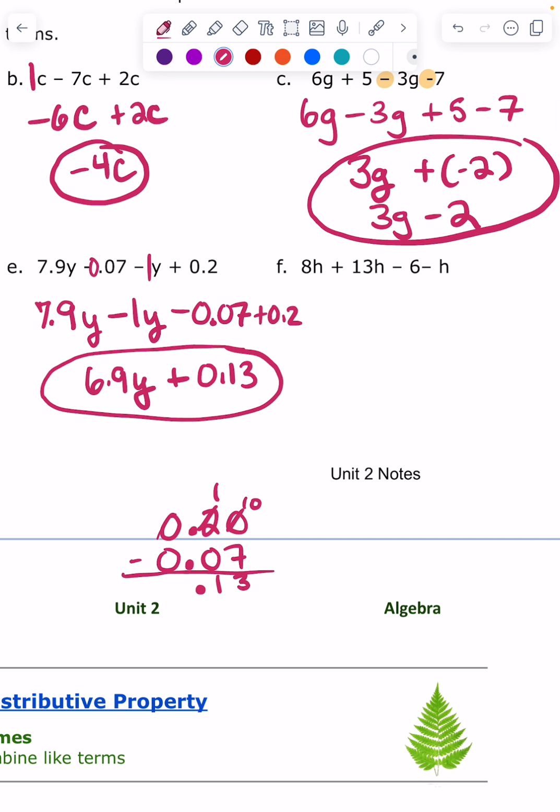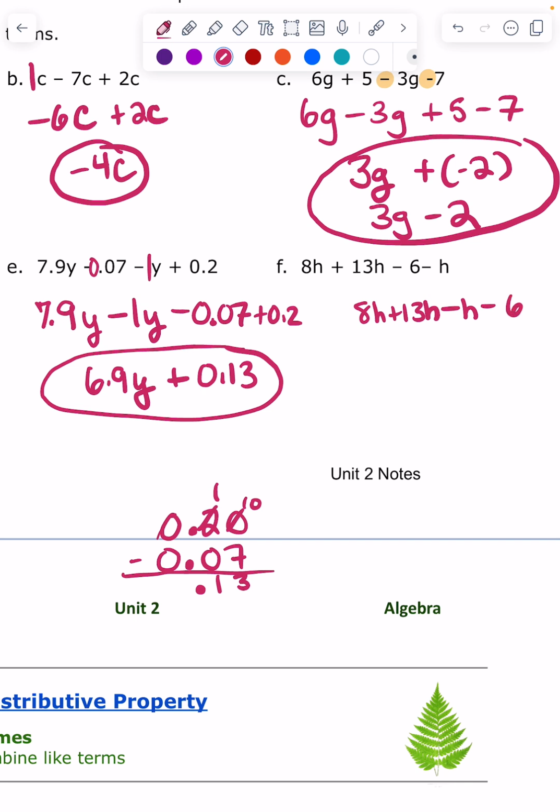And F has 8h plus 13h minus 6 minus h. Since I've been doing it all along, I'm going to put all the h's together. So 8h plus 13h minus h minus 6.